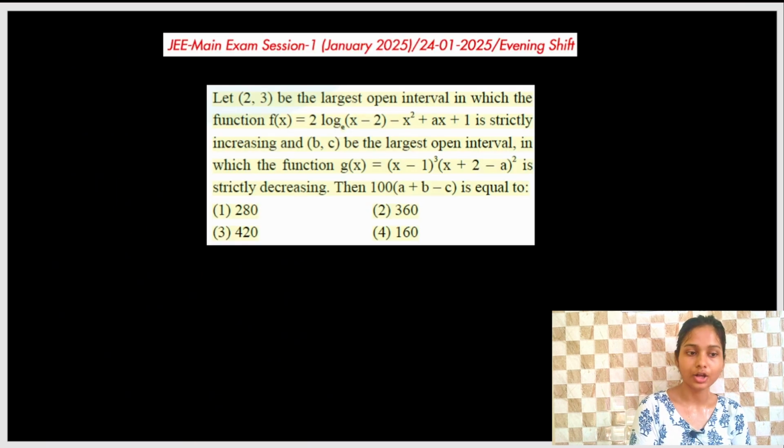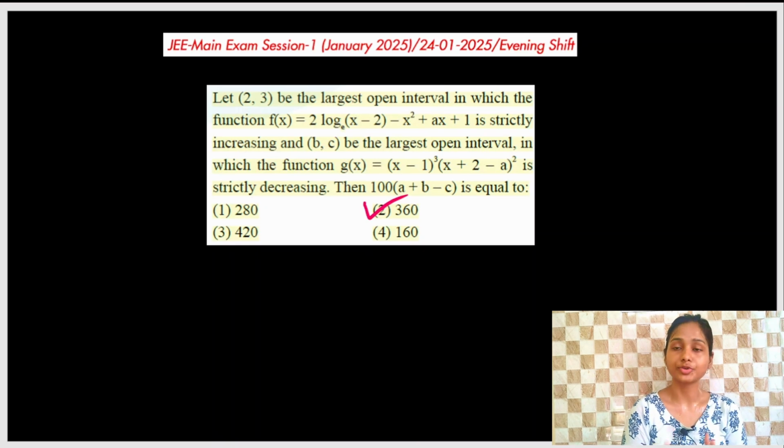So 360 is the value of that expression. So here, yeah, we have in the second option 360. So this option is the correct answer to this question. So the main thing here is that the function f(x) is strictly increasing in the interval 2 to 3. So the derivative must be positive in this case. And after 2 to 3, the f dash function will decrease.